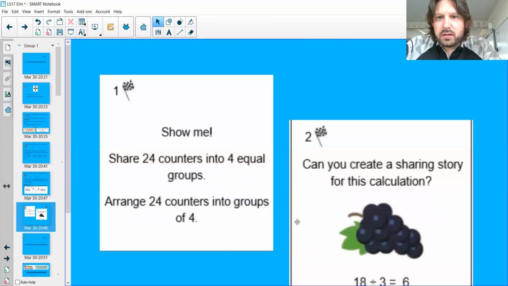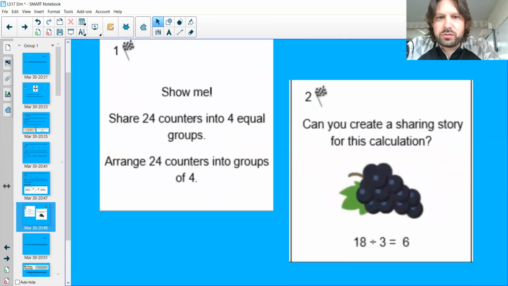Now, I've also got what's called a destination question. I've got a few questions here which I'll leave up on screen for you. So you can have a go at those, be creative, show me it in as many possible ways. And also, number 2, can you create a sharing story for this calculation.